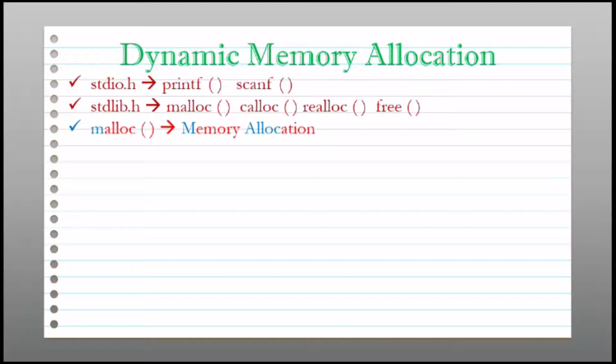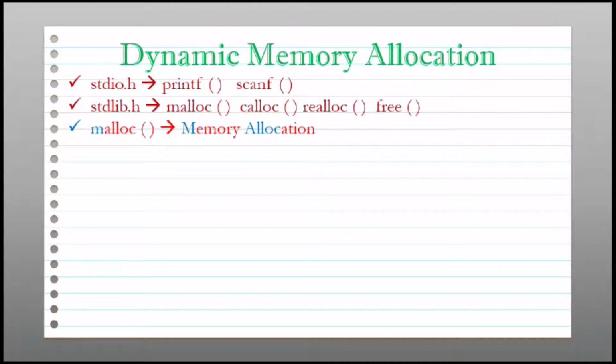Depending on the size in bytes given by the user, this function allocates a memory block in the memory. Suppose the user wants 20 bytes of memory, then by using the malloc function, a block of 20 bytes will be allocated in the memory, and it also returns the address of the first byte of that block through a pointer variable.